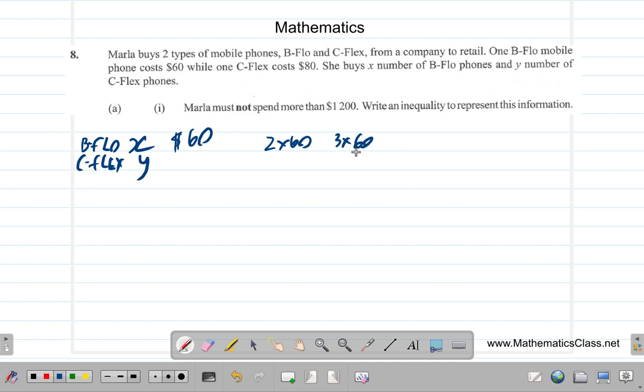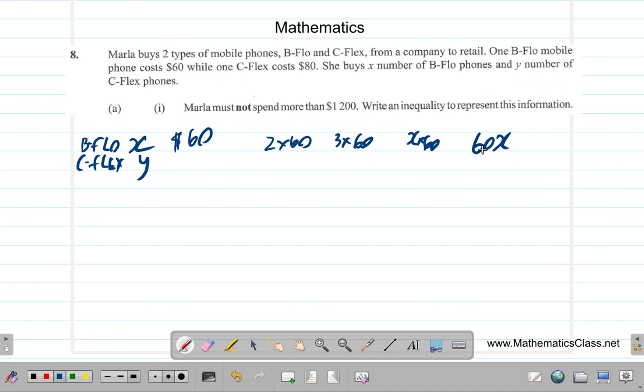So if she buys x B Flow, how much does she spend? It is x times 60, which gives 60x. That is how much she spends on the B Flow phones that she buys.